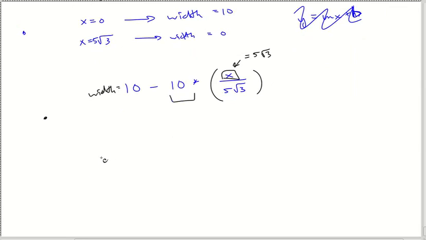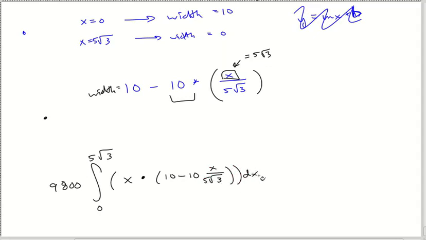That's just the width, not our actual depth. And so here we go. The 9800 integral from 0 to 5 square root 3 of, and here's my area. You ready? My depth is an x. My width is this 10 minus 10x over 5 square root 3 business, dx.